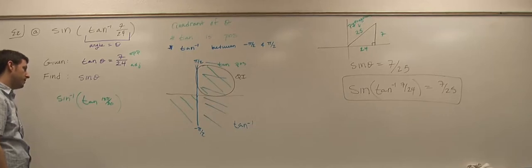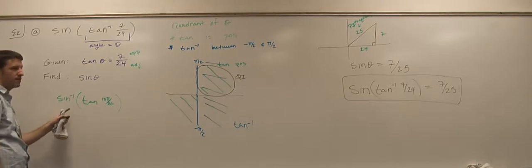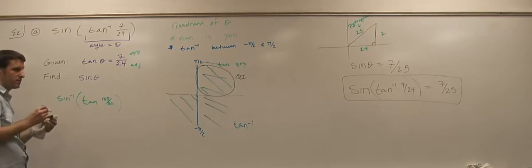Yeah, I'd have to sit down and think about how to do this problem. I don't know that you can do this without. I don't know if you can find the exact value of this.